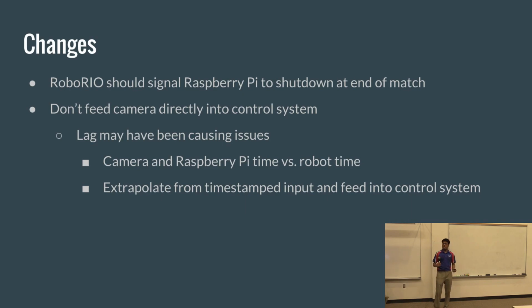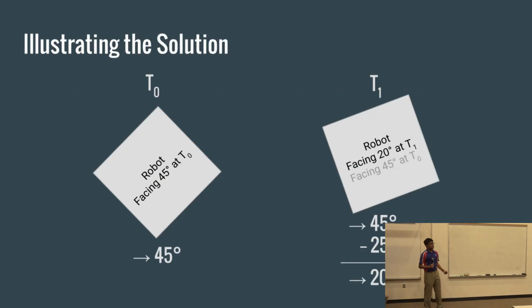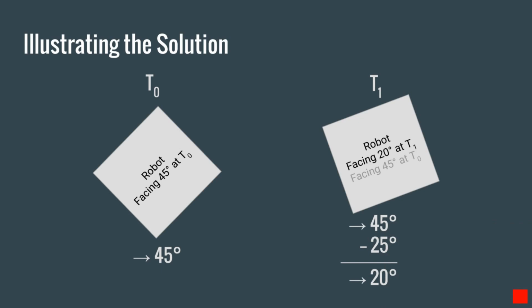And what this will allow us to do is it will allow the robot to calculate, since the message was sent at t0, the robot was facing 45 degrees at t0. So if we figure out that we turned 25 degrees, then we will be able to account for that, and adjust our message so that we know we only have to turn 20 degrees to align with the target.